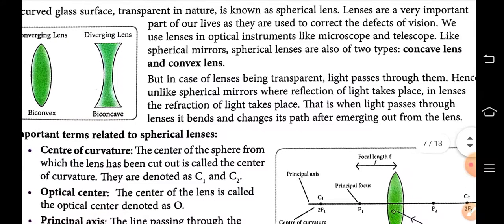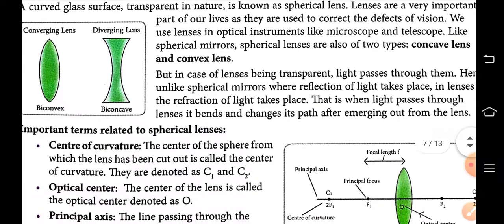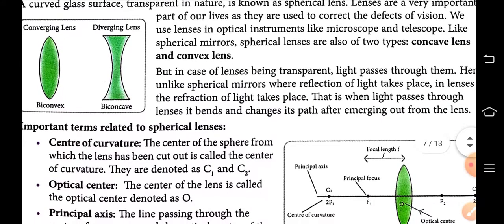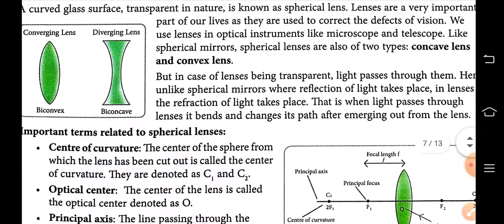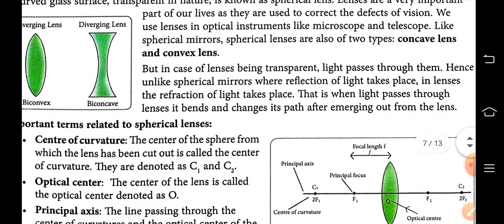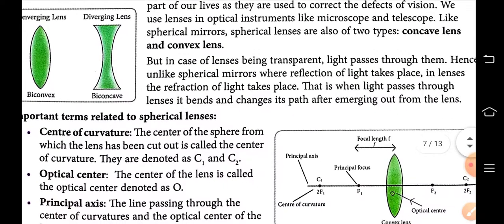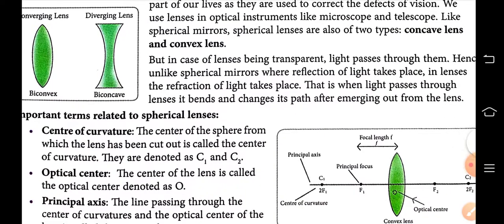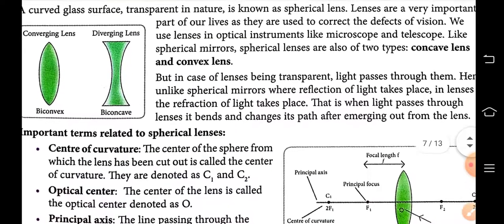Reflection means bouncing back of light. Refraction means bending of light when it changes its medium. So, it takes place through lenses. When light passes through lens, it bends and changes its path after emerging out from the lens.